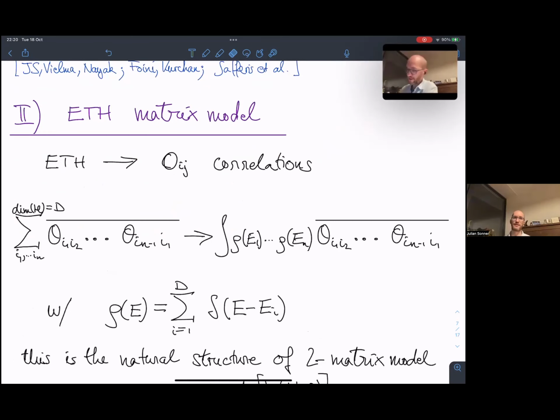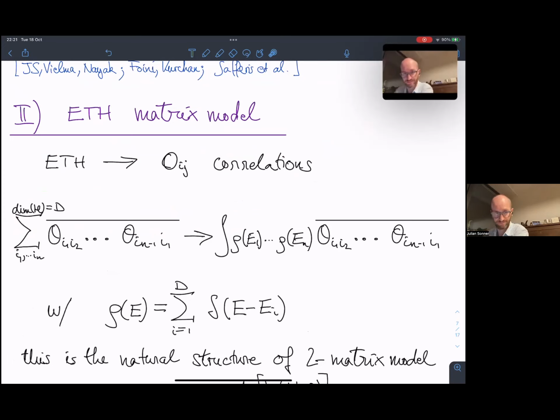Second step. This structure, this hierarchy of correlations, is very naturally written as a two-matrix model. So what the extended ETH gives you is these O_ij correlations.